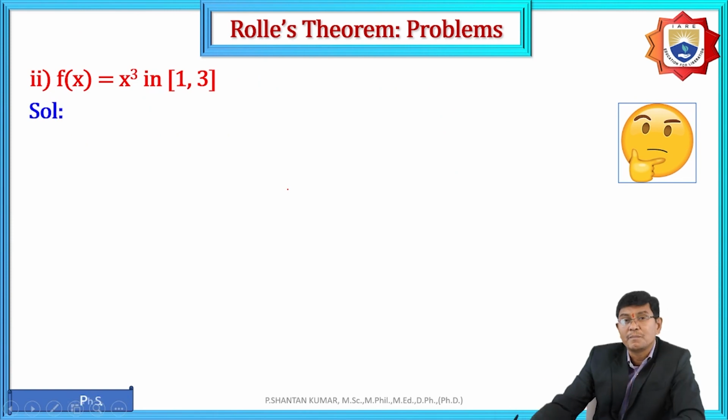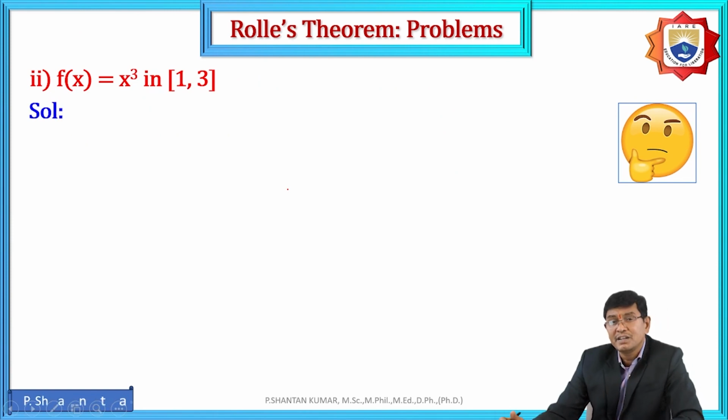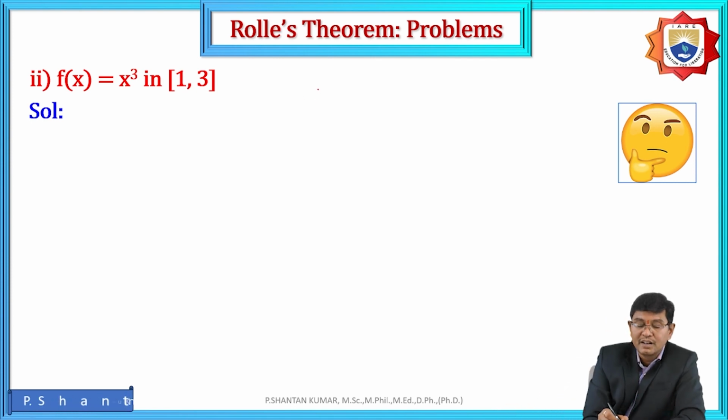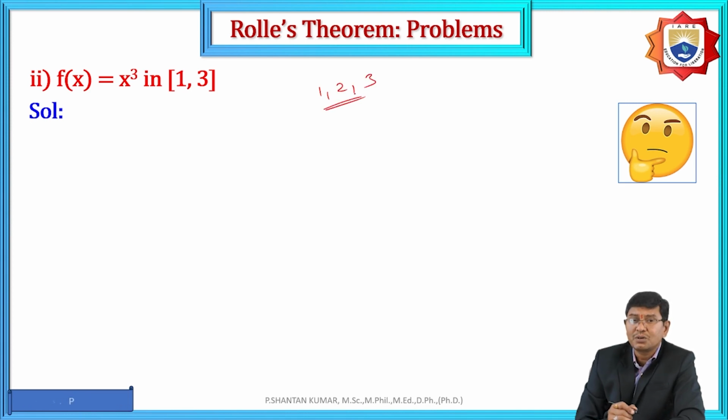For example, this one. We also need to check whether Rolle's theorem is applicable or not for f of x equal to x cube on the interval 1 comma 3. At x equal to 1 the value is finite, and at x equal to 3 the value is finite. In between, any values should be finite.